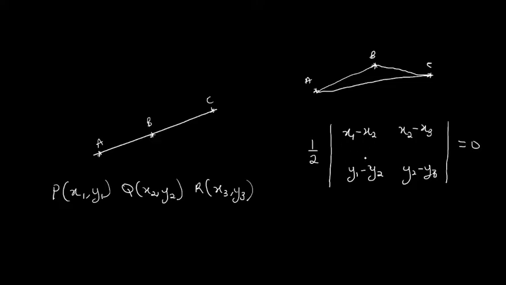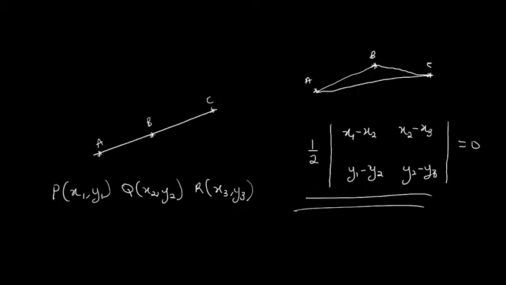So this is a 2 by 2 matrix. We know how to solve a 2 by 2 matrix to find a determinant. So all we have to do is to solve this formula as a 2 by 2 matrix, find the determinant and then multiply it by half. If we multiply it by half and we get 0, then we know that those 3 points are collinear points and hence cannot form any triangle because they are in a straight line. So this is the formula we'll be using to find if 3 or more points are collinear.